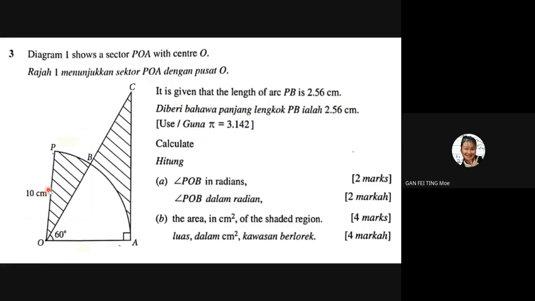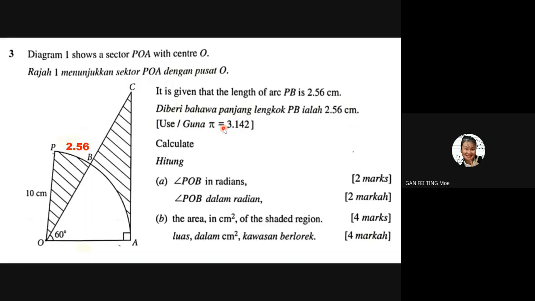You may cepat-cepat ambil pensel, tandakan dia sama panjang. It is given that the length of arc BP is 2.56. Okay, panjang lengkuk PB adalah 2.56. Cepat-cepat you pergi tandakan dekat rajah.